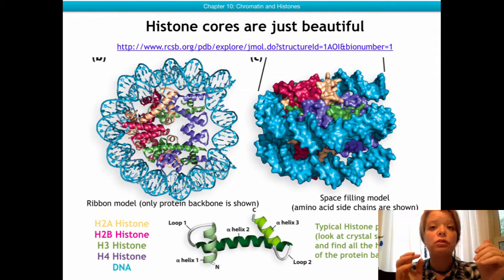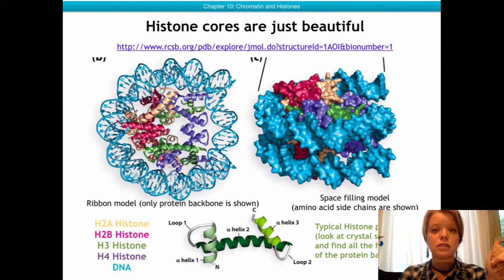There's not actually space between the DNA and the histone. This is just put in here so we can visualize how this particular fold fits into this space, because the histone fold does not show the side chains of amino acids, but just the backbone, which can fold either into a helix, a beta sheet, or a loop.